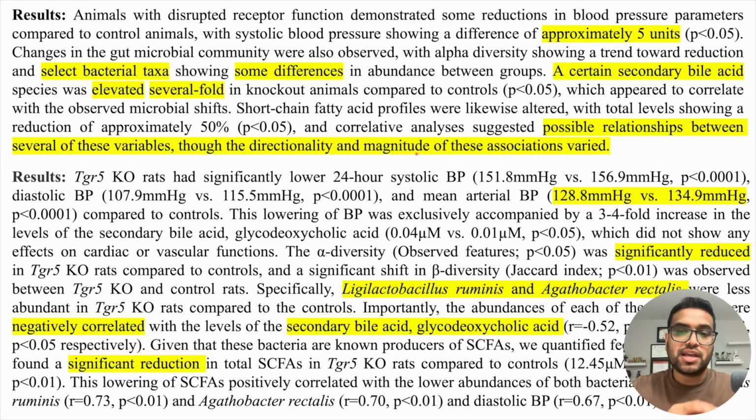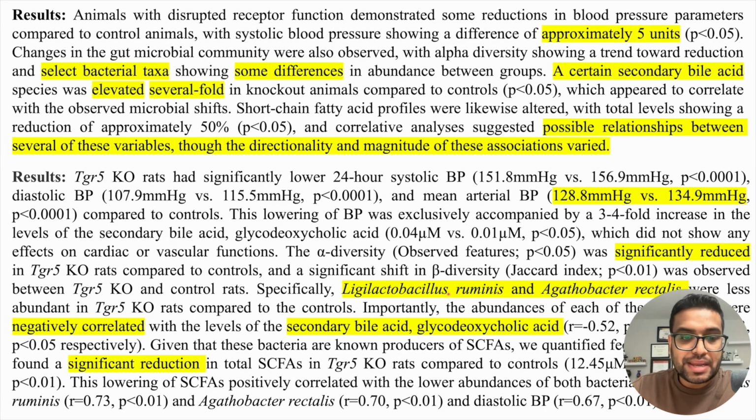So the extended version can be something like this: you mention how much the blood pressure was, then give the p-value, then simply say this was significantly reduced or increased, not only some differences. And here are examples of the particular bacteria that were present, not just some bacterial taxa.